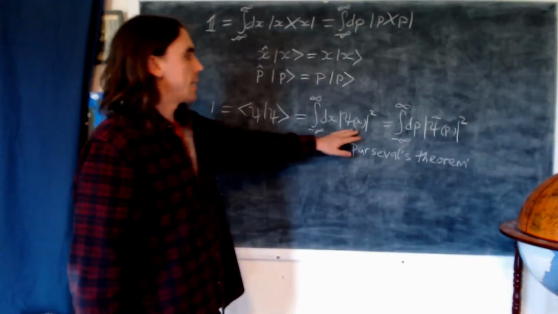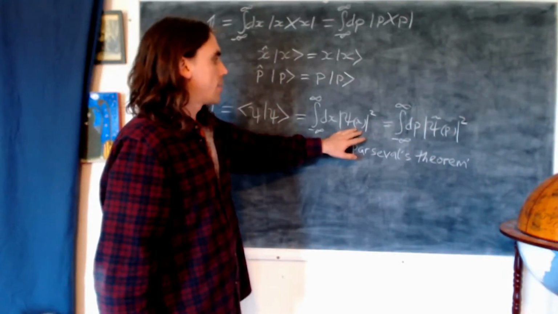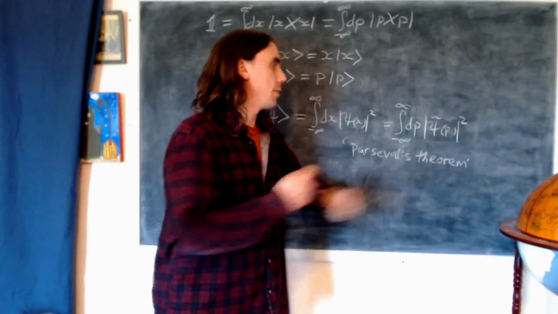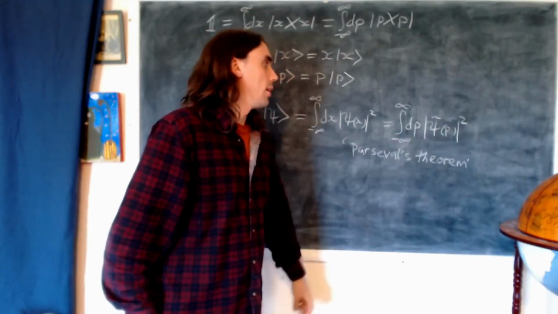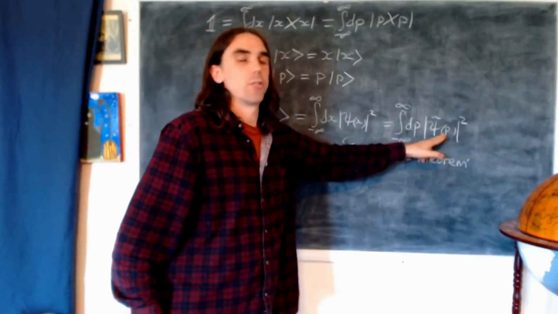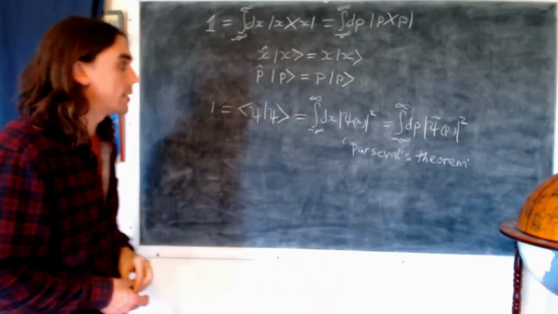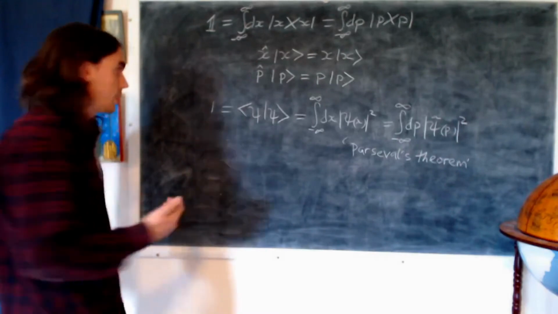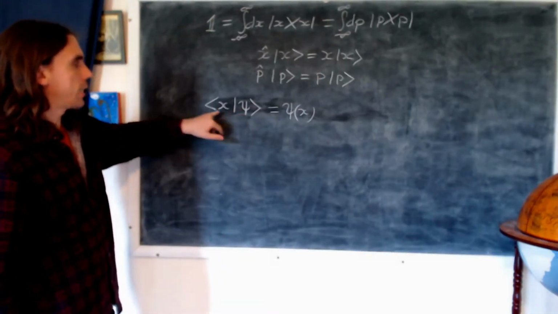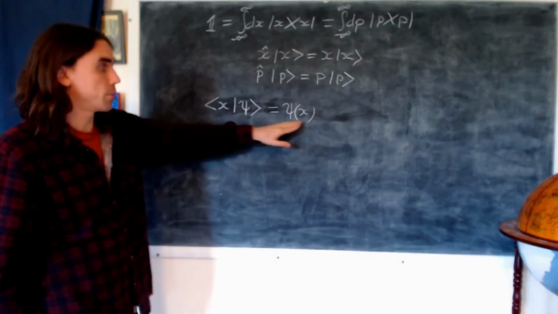So what we're saying is that psi written in the position basis is related by Fourier transform to psi written in the momentum basis. So let's look at that in a bit more detail. We have that the ket psi projected into the position basis is the wave function psi of x.